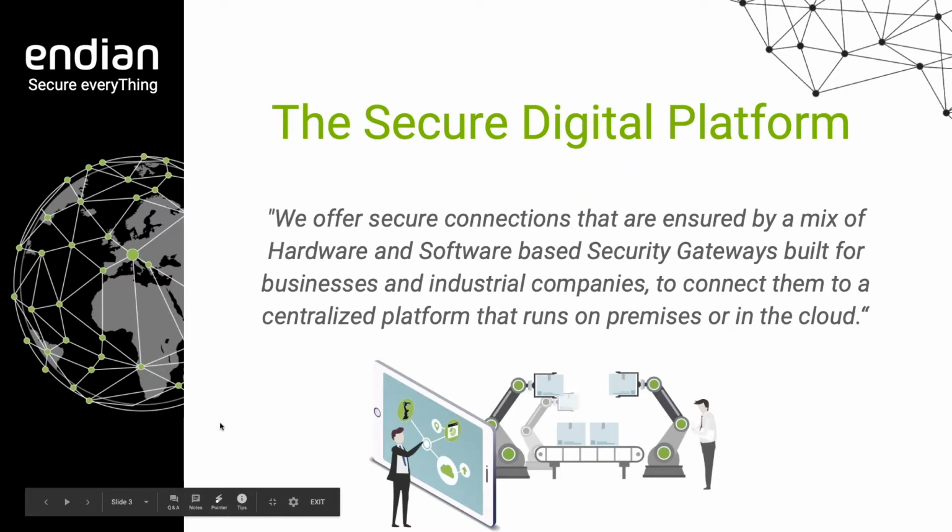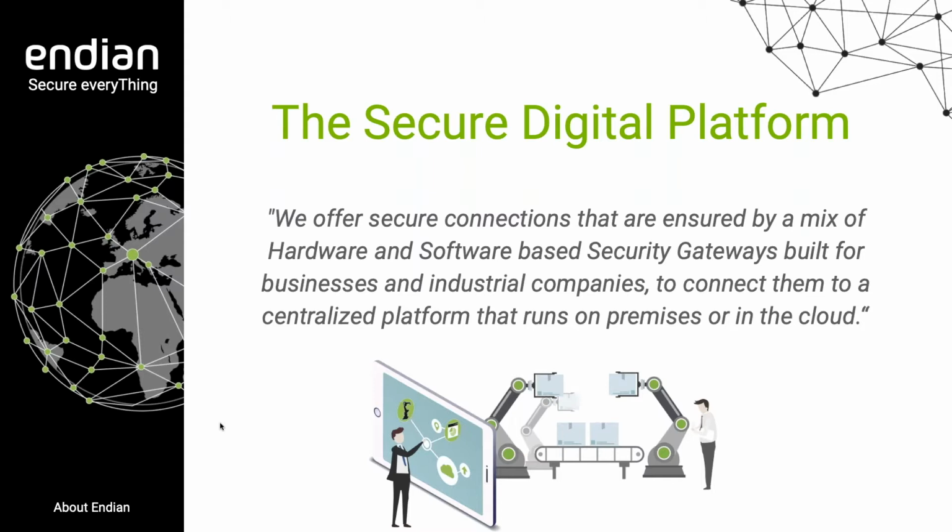So the big thing that has become our focus in recent years is what we call the secure digital platform. So you can see here we offer secure connections that are ensured by a mix of hardware and software-based security gateways built for businesses and industrial companies to connect them to a centralized platform that runs on-premise or in the cloud.